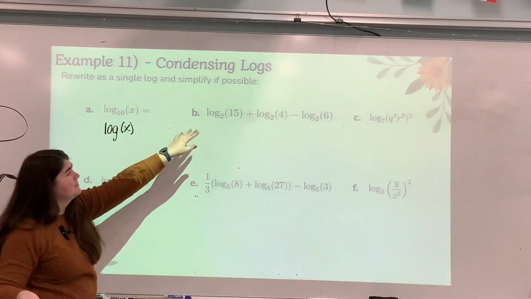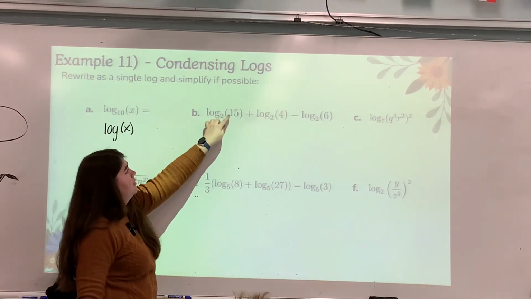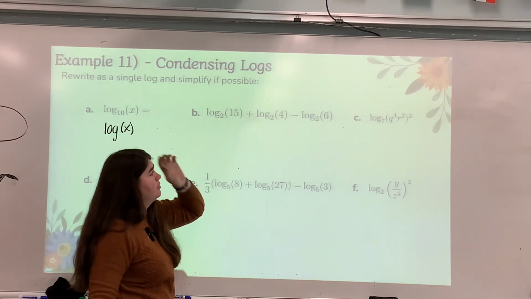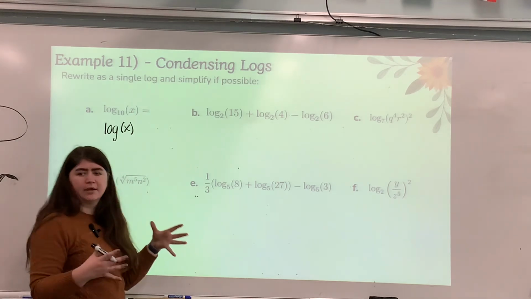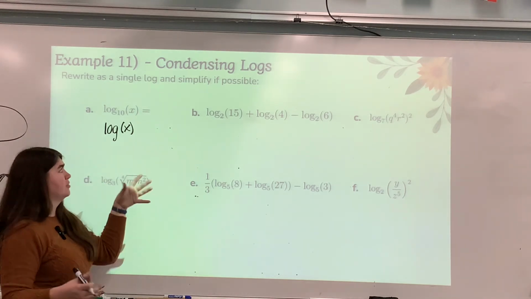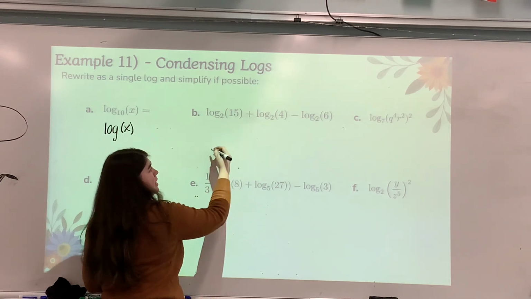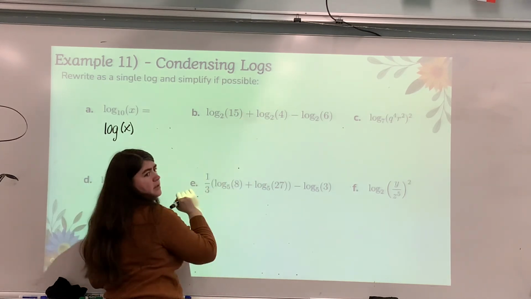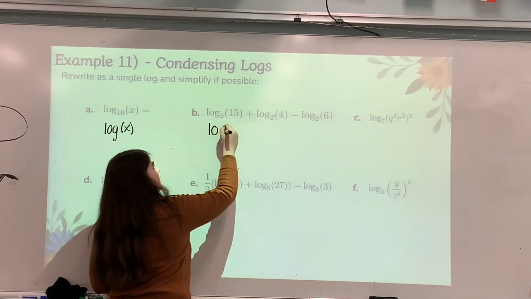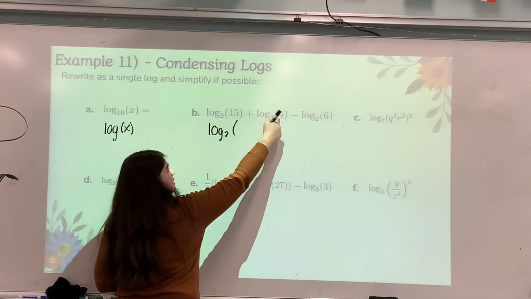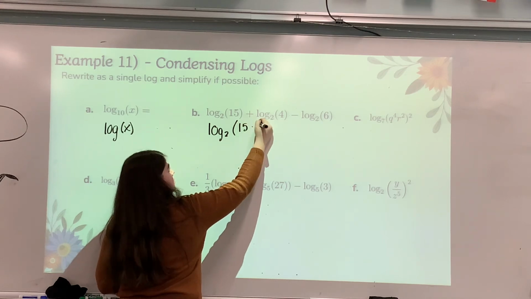Let's go to B. We have log base 2 of 15 plus log base 2 of 4 minus log base 2 of 6. We're going to follow order of operations going from left to right. So we have log base 2 of 15 plus the log base 2 of 4. What do you do when you're adding? Multiply. So we have log base 2 of 15 times 4, which is 60.